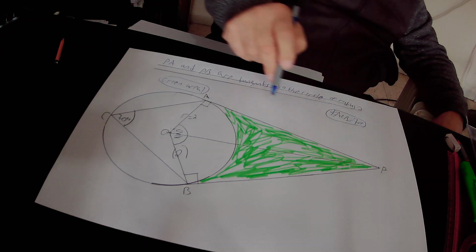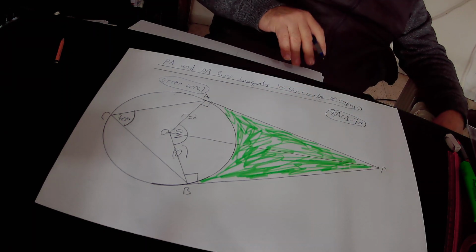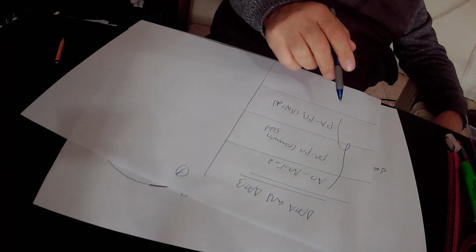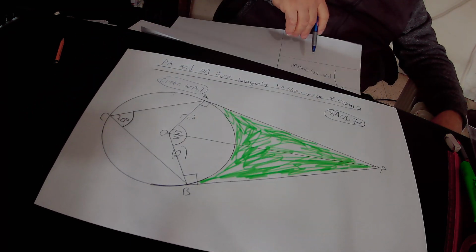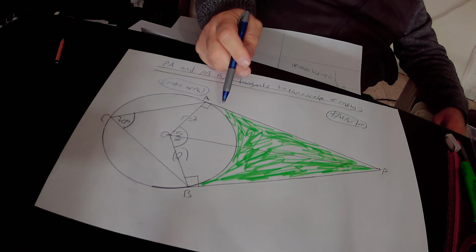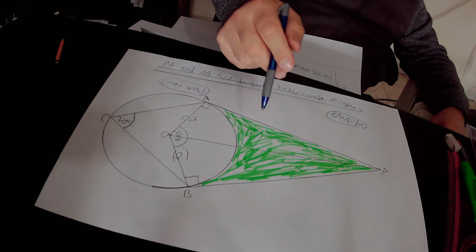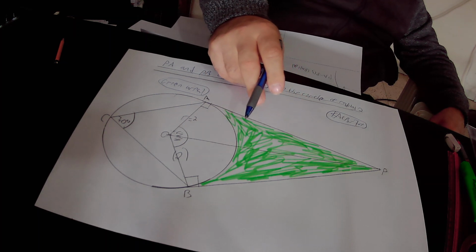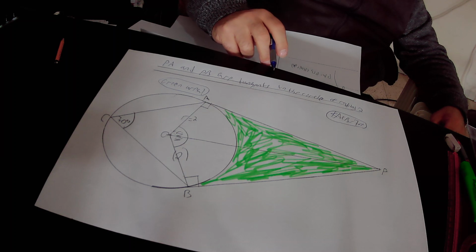That is to say, PA equals PB according to rule 2. So I actually proved that all three sides of the right triangle POA are correspondingly equal to all three sides of the right triangle POB. Therefore, those two right triangles can go into each other according to the side rule.